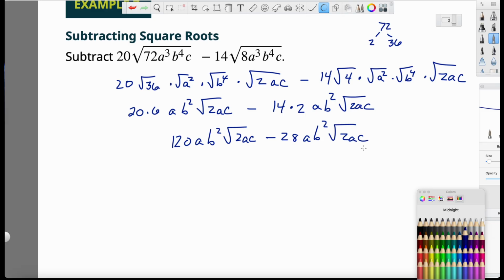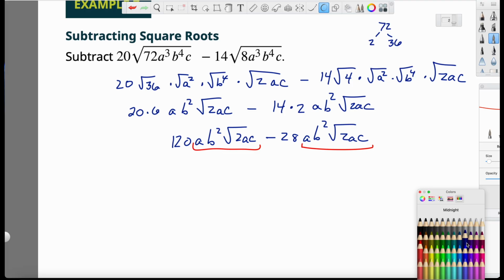Okay, so now notice here is my expression. ab to the second root 2ac, and then right here, ab to the second root 2ac. These are like terms. These terms have all the same variables and values on their exponents, radicals, radicand, all that. I have 120 of these and I'm taking away 28.